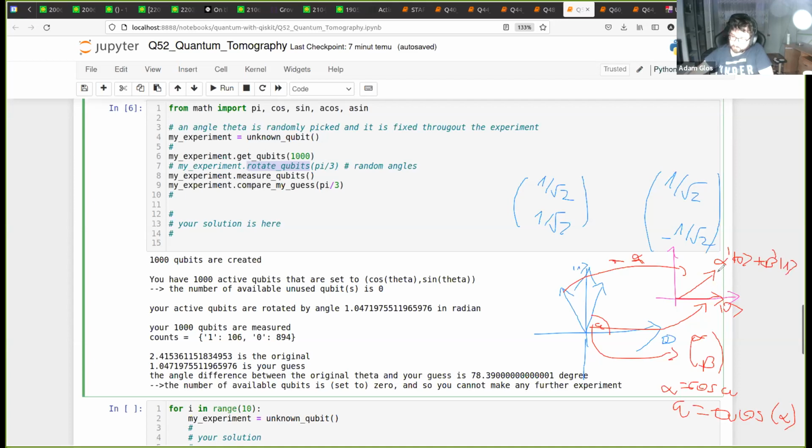So what are the probabilities for both states of getting 1? Here this is just 0, and here this is something positive, right? So if you observe 1 here, then it means that this was the original vector.